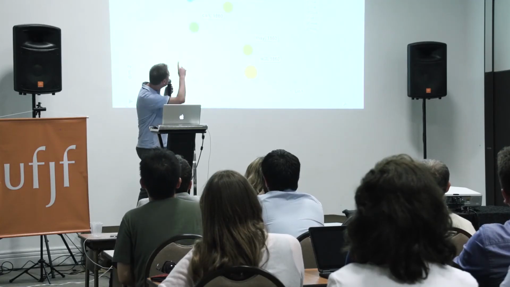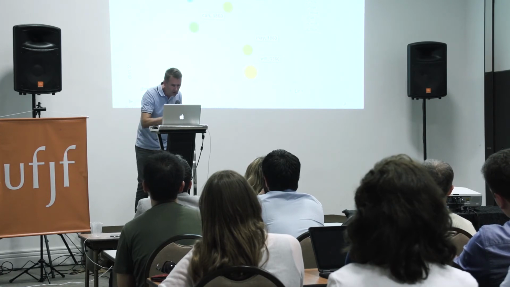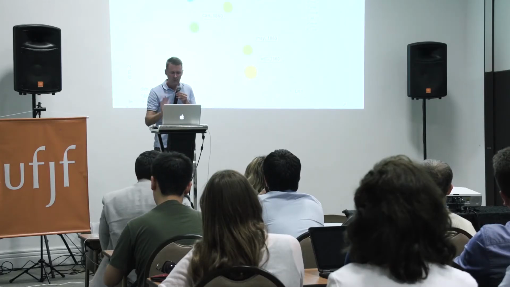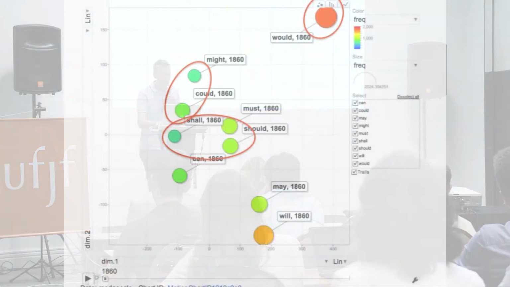In this graph, bubble size represents text frequency. So would is the most frequent modal. You see that up there in the corner. And shall, in the middle there, is the least frequent one. Okay, so assuming for the moment that relative closeness in this visualization means semantic similarity, what can we actually see?